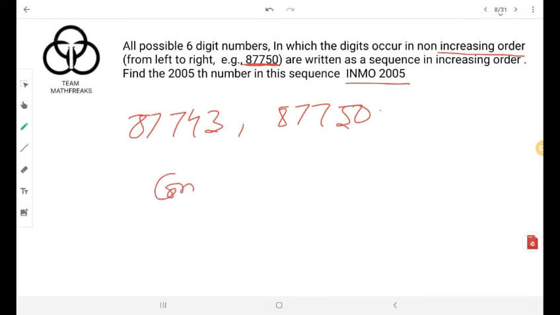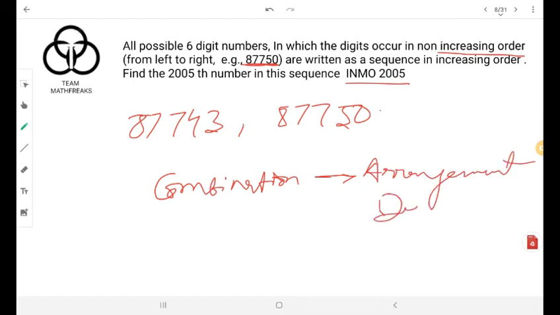For combination, we know that arrangement doesn't matter. That is the most important key for combination.